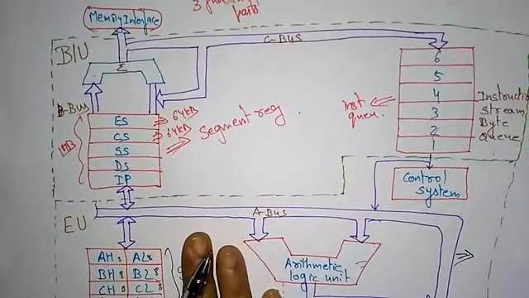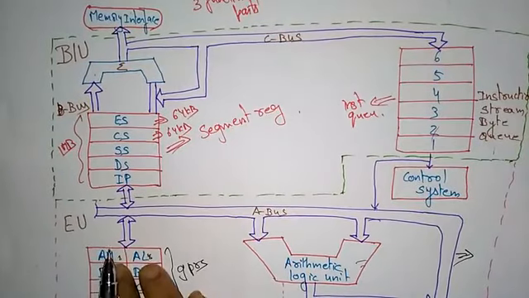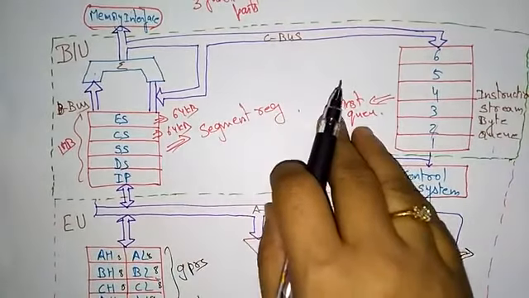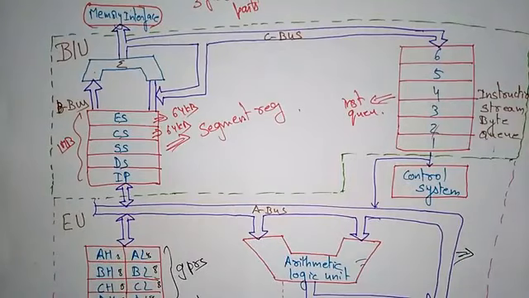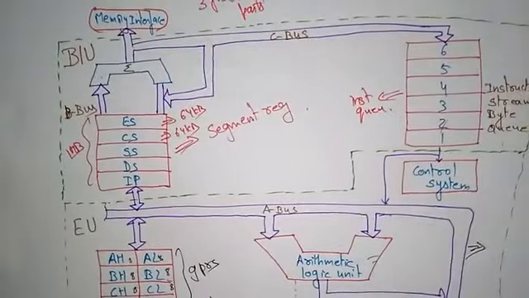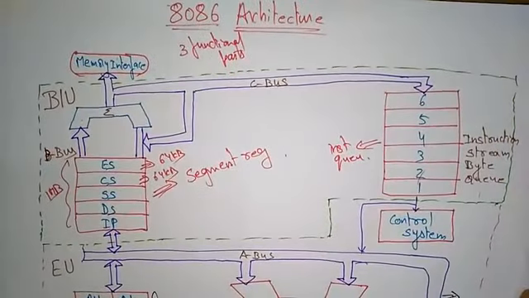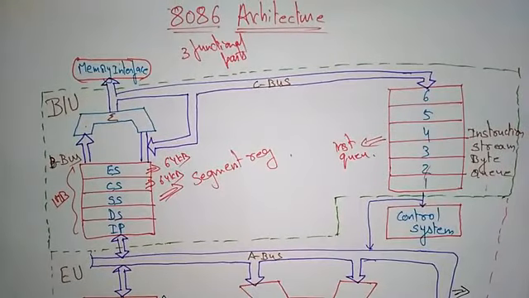Where to get the data from is indicated by the execution unit, which intimates the bus interface unit. Then the bus interface unit fetches the data from that particular location directed by the execution unit. So this is about the internal architecture of the 8086 microprocessor, and it is an important topic, you all have to learn this architecture. Thank you.